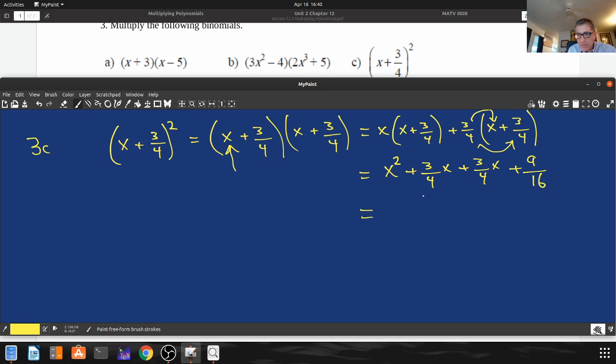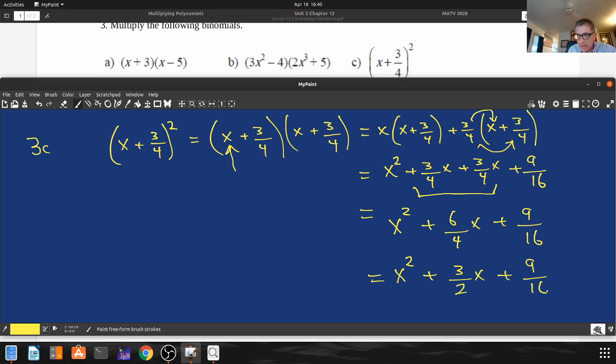So the only thing I have to do is collect like terms, and that's these middle terms right here. So the end result is x squared plus 6/4 x plus 9/16. And I need to simplify that middle fraction, reduce it. So that reduces to 3/2 x plus 9/16.